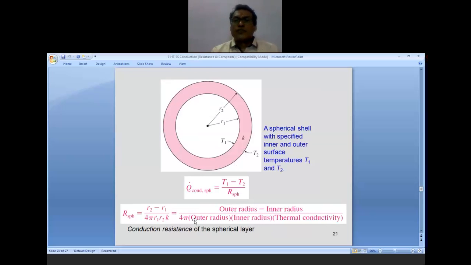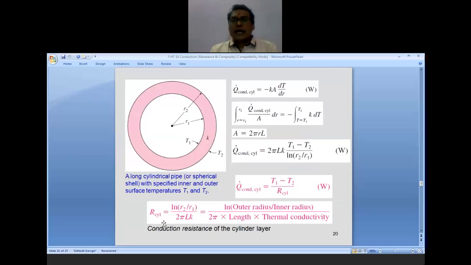Now in case of a spherical shell, what will be there for the spherical shell? Your equation reduces to 4 pi R1 R2. So the area of a sphere is going to change, this was the area of a cylinder.